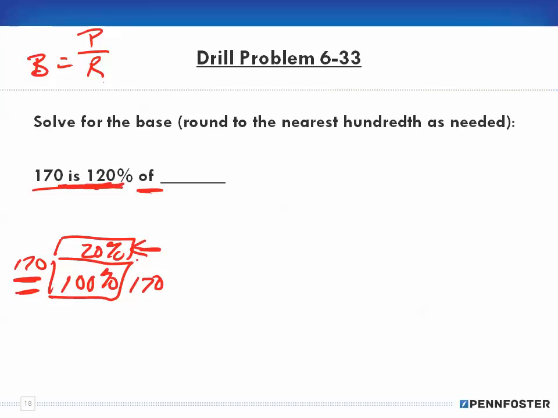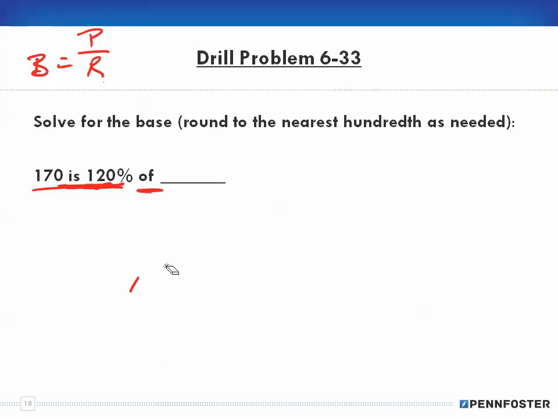Due to this extra 20%, 170 is actually greater than whatever that number is, because that number would be 100% plus the additional 20% to get me to 170. So my answer here needs to be smaller than the 170. That's the way I think about it in a common logical sense.